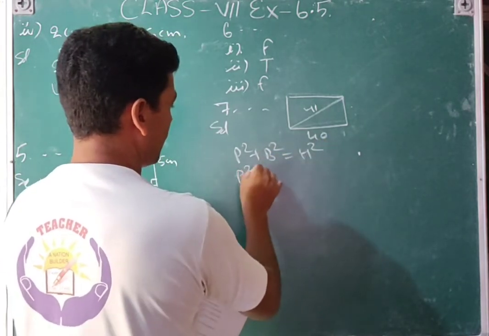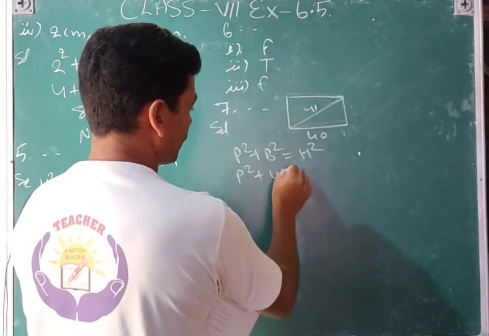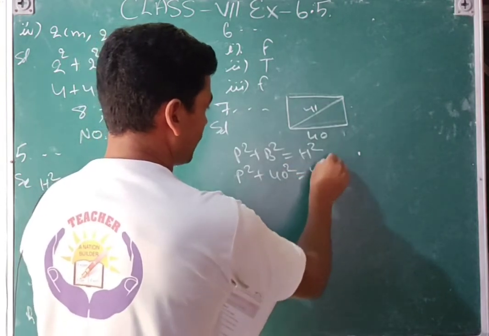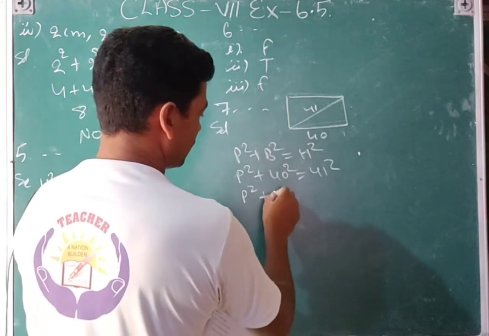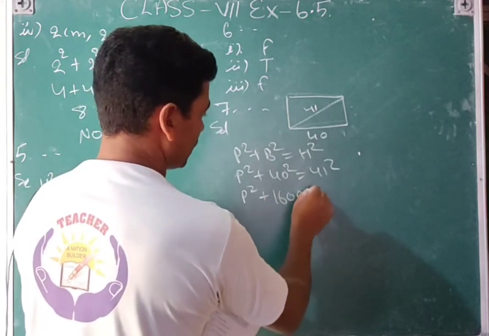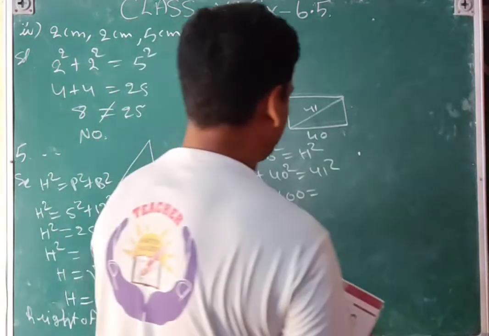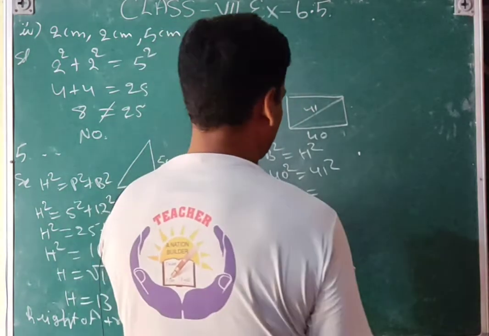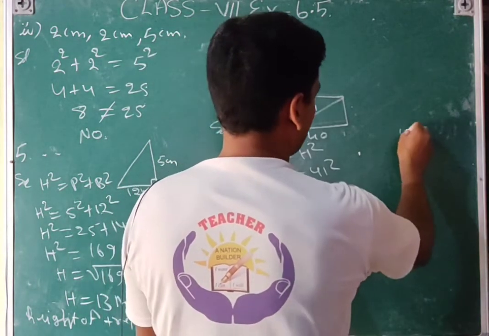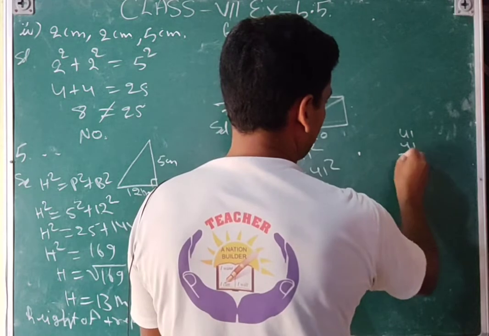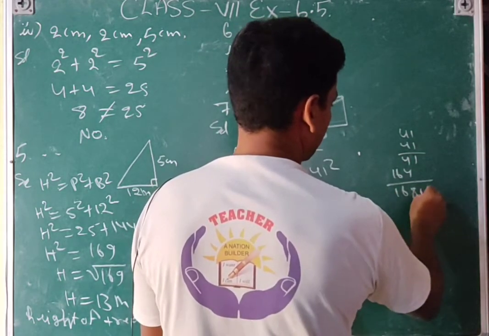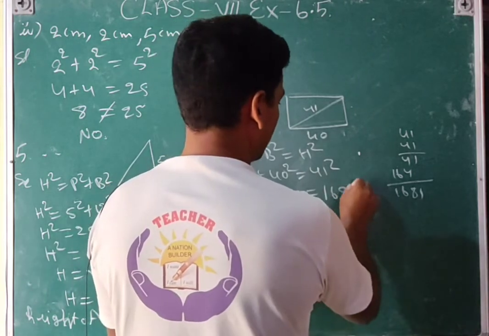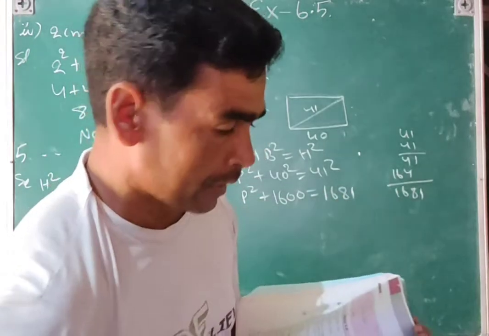So P square plus 40 square is equal to 41 square. So P square plus 40 times 40, 1600, is equal to 41 times 41. You can multiply here: 1 1 is 1, 4 1 is 4, 1 4 is 4, 4 4 is 16, 1681.